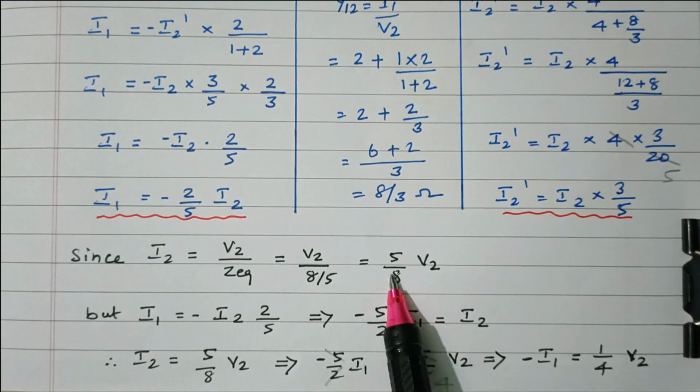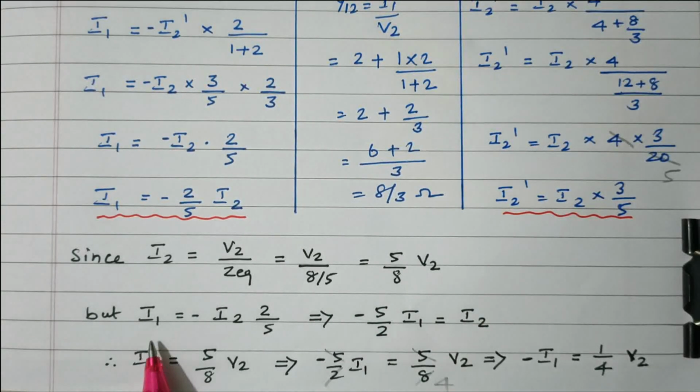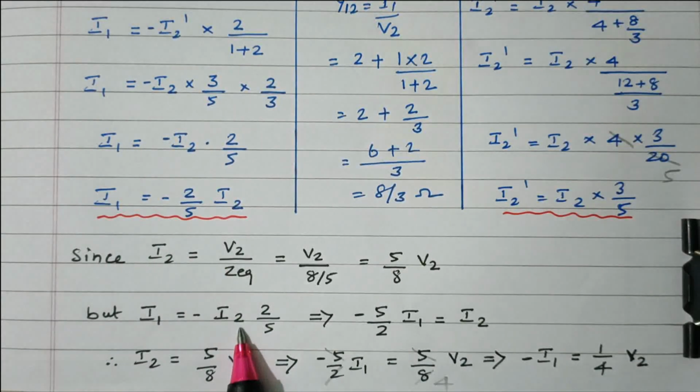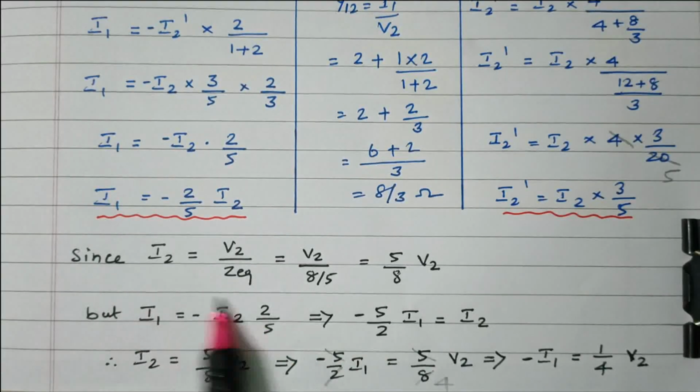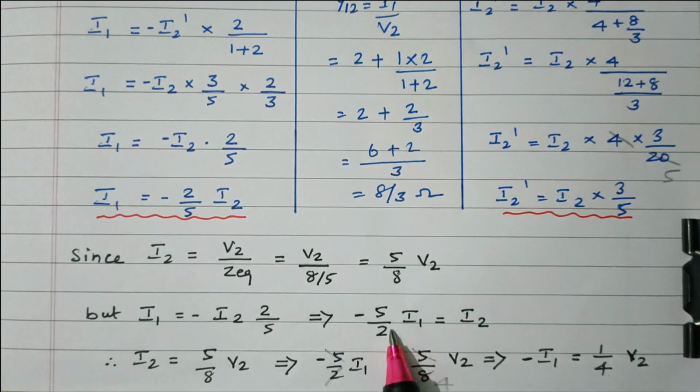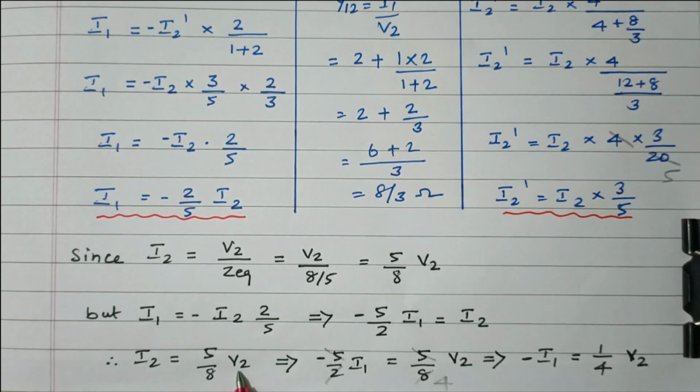So it is 5 by 8 V2. I1 equals minus I2 into 2 by 5 from this equation. Cross multiplying, we can write minus 5 by 2 I1 equals I2.